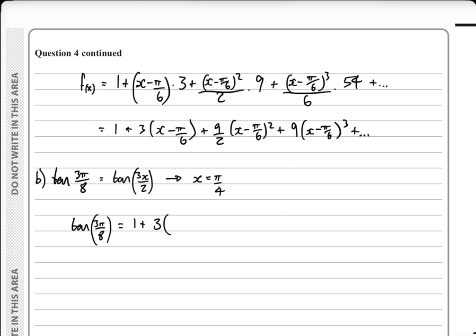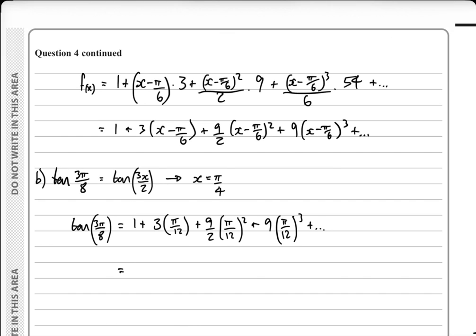Pi by 4 minus pi by 6 is pi by 12. And then here, cubed.